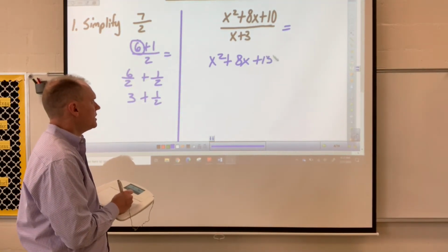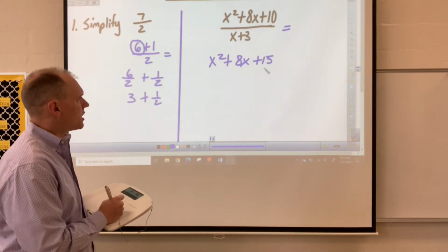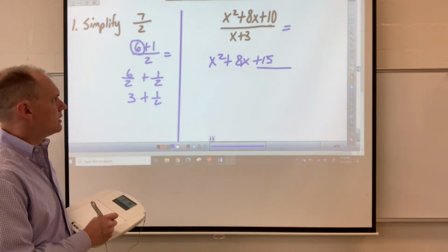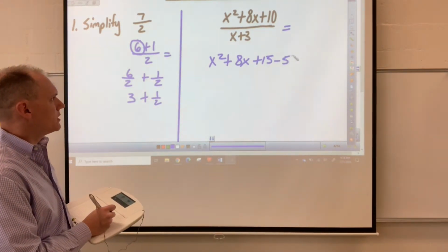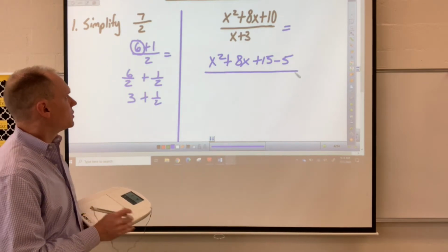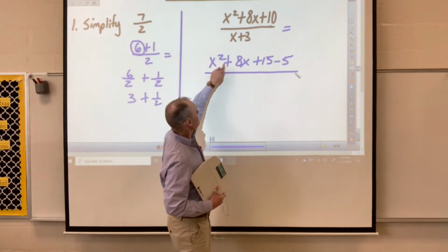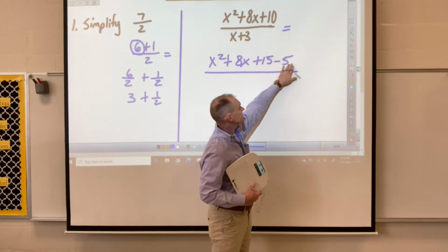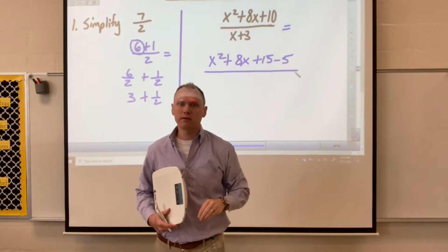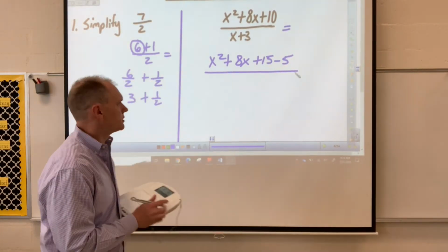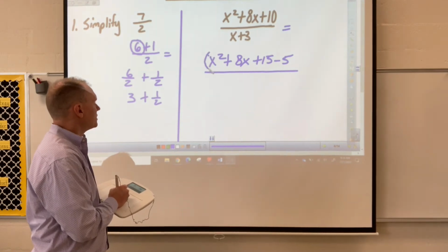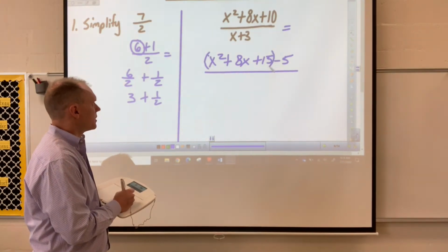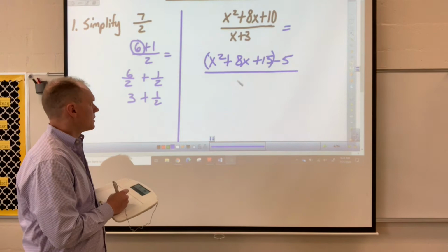So we need a 15 here. But we still want the constant out here to be 10. So we're going to subtract 5 on the end. So it's still x squared plus 8x plus 10. We just rewrote that 10 as 15 minus 5. I'll show you why we do that here in a second. I'm going to put parentheses around the first 3 terms here because that's what we're going to factor.